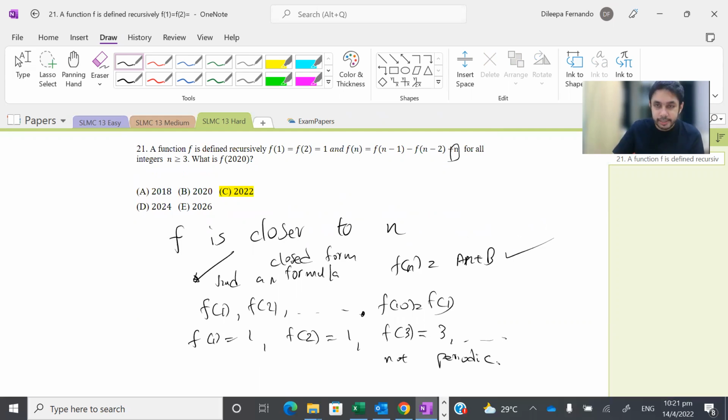One thing we can do is absorb this n into the other function values, because it is the value of n that makes this non-periodic.